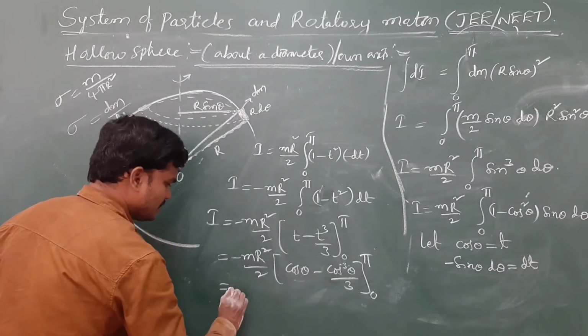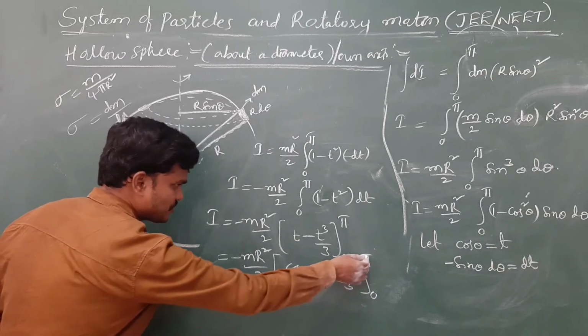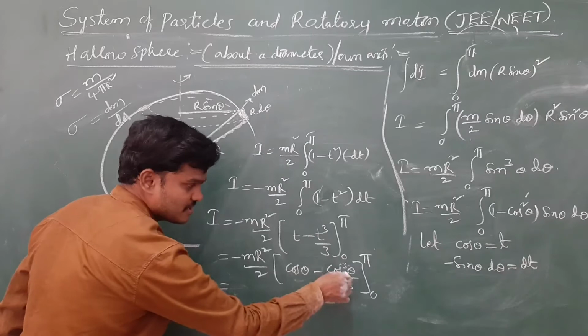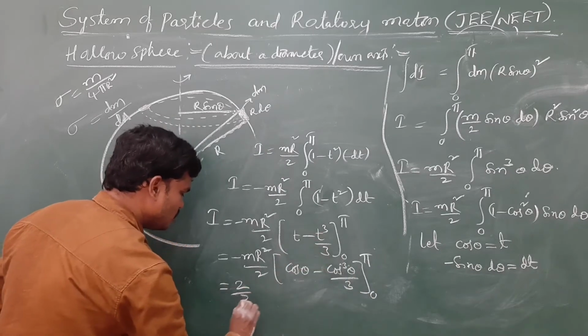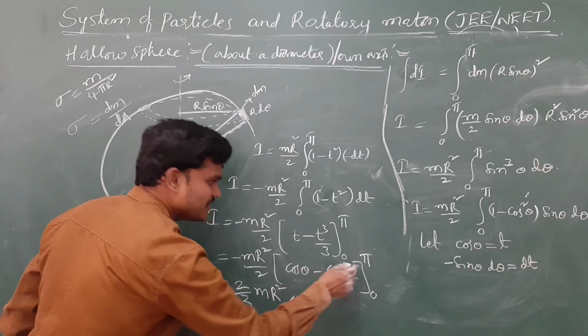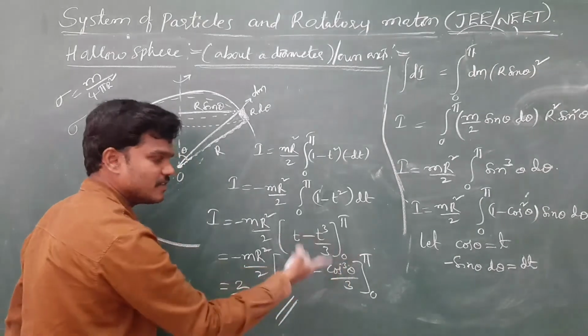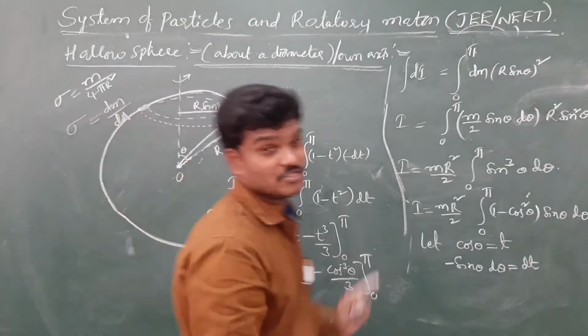Just substitute the upper limit in the two parts minus the lower limit in these two, and you will finally get 2 by 3 m r square.